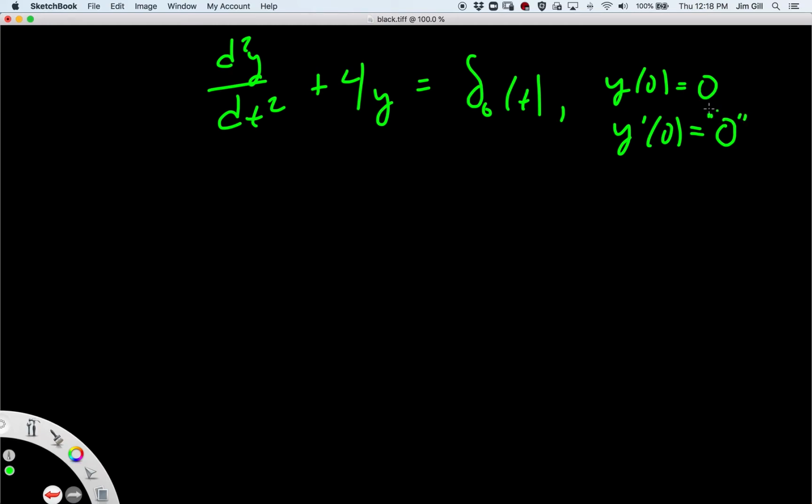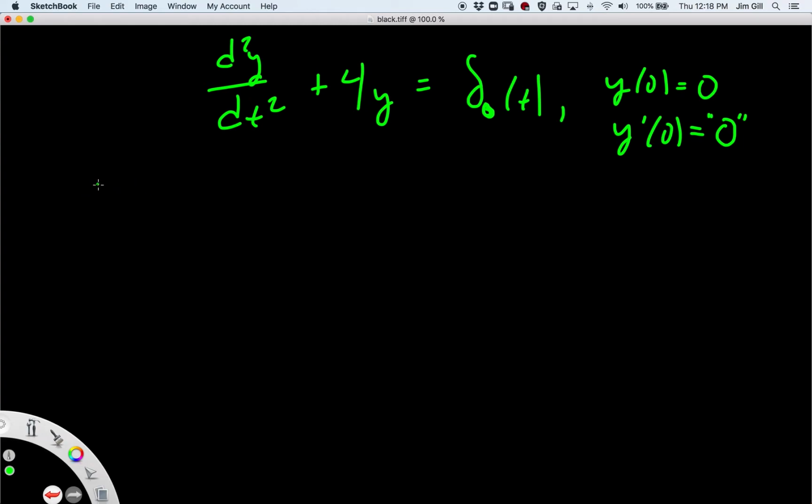Okay, we're hitting this force at time 0, and at time 0 we're going to have a jump in the velocity. So the left hand limit of the velocity is going to be 0. All right, so we are going to hit this oscillator at time 0. So we are going to take the Laplace transform.